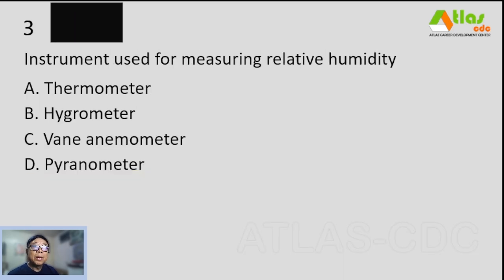Number 3. Instrument used for measuring relative humidity. A. Thermometer, B. Hygrometer, C. Vane anemometer, and D. Pyranometer.